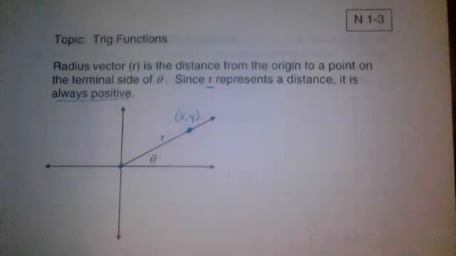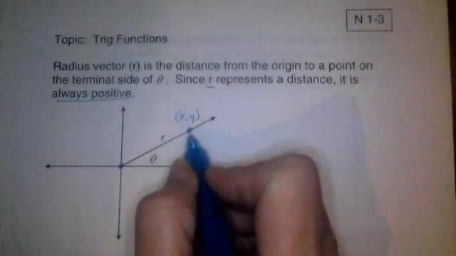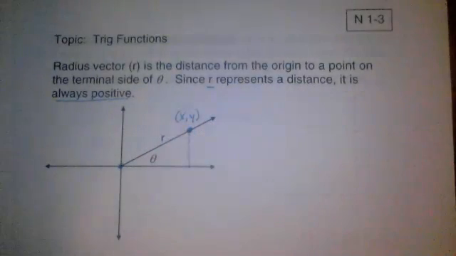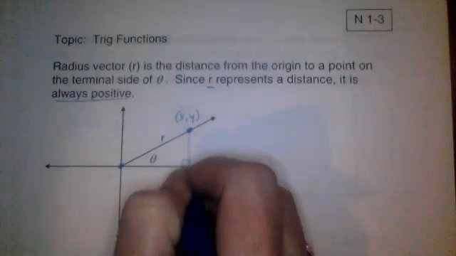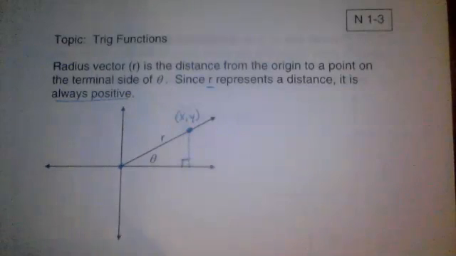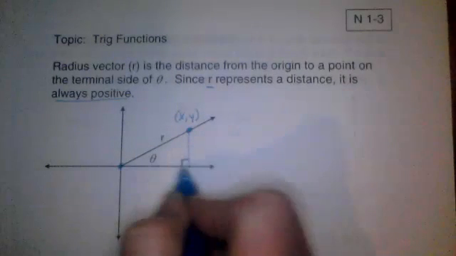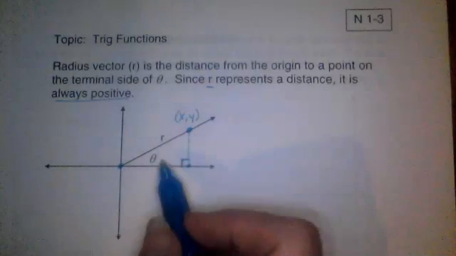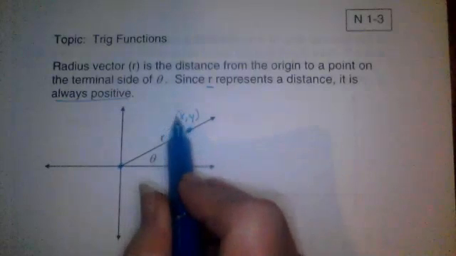Okay. So if I named this point xy, then I'm going to draw a little dotted line down here to the x-axis, perpendicular to the x-axis, and form a little triangle. To get to this point where this touches my x-axis, I would have to go out this x amount.